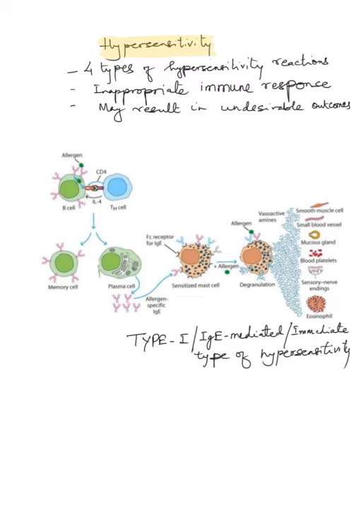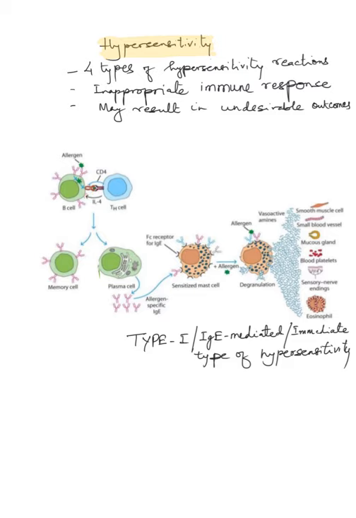So this is an allergen, and suppose an allergen enters the body and B cells then encounter that allergen. B cell would recognize that allergen through their B cell receptor, and then this allergen would be taken inside by the B cell, because B cell can act as antigen presenting cells also. And this allergen peptides then would be displayed on the MHC2 molecule, which is present on antigen presenting cell like B cell.